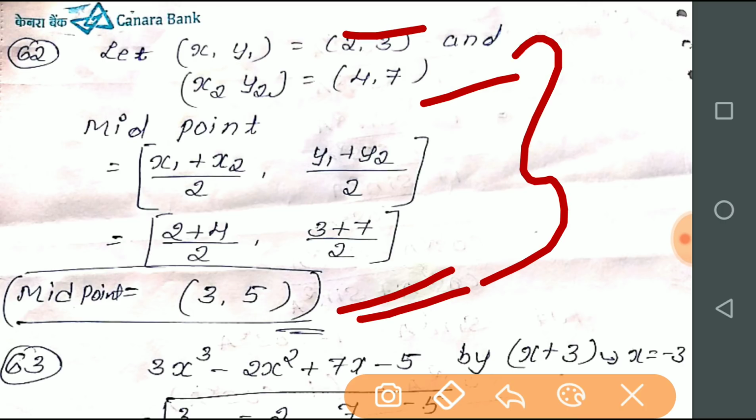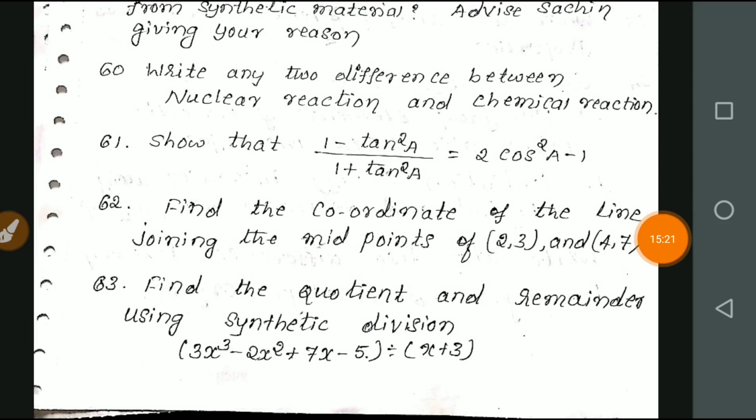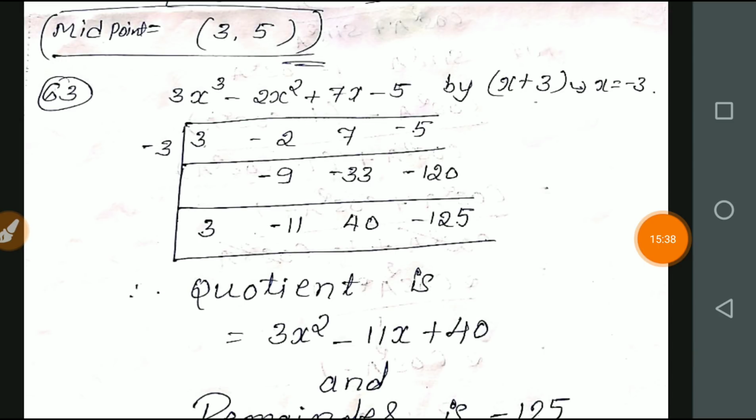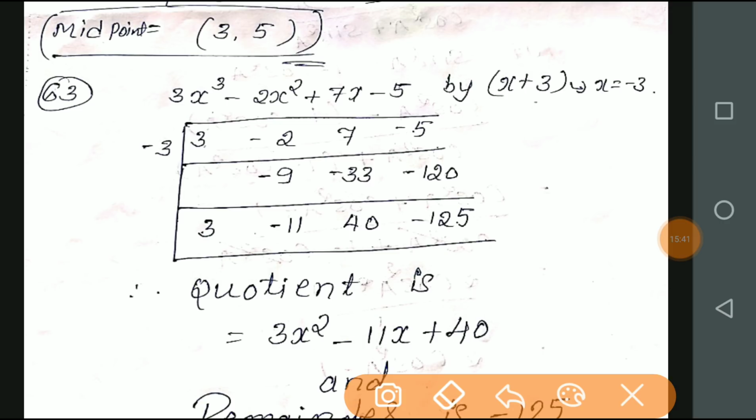Now next question. Find the quotient and remainder using synthetic division: 3x cube minus 2x square plus 7x minus 5 by x plus 3. Now x plus 3 becomes x is equal to minus 3. Take this one, minus 3. So coefficient of x cube is 3, coefficient of x square is minus 2, coefficient of x is 7, and then minus 5. Then multiply minus 3 by 3, that is minus 9.